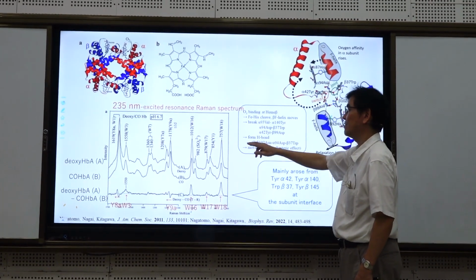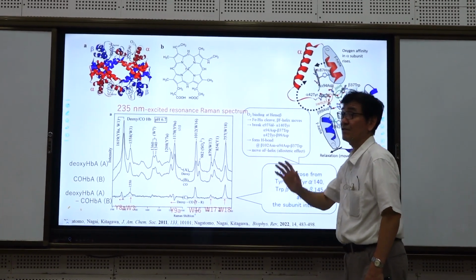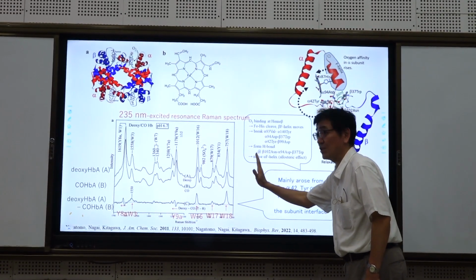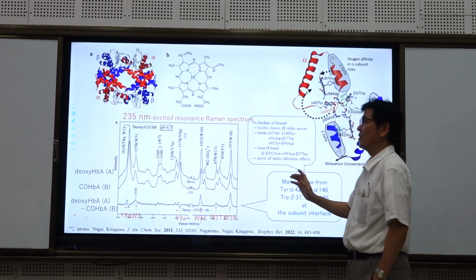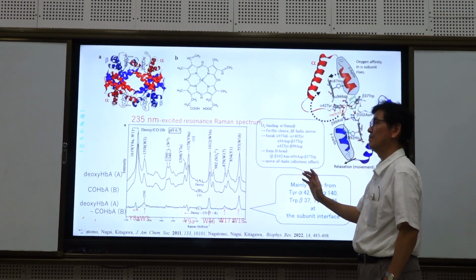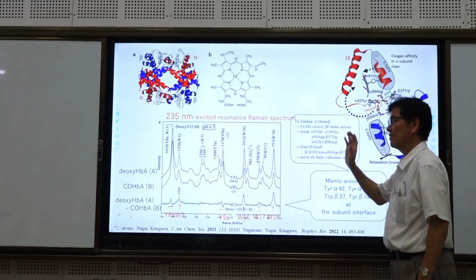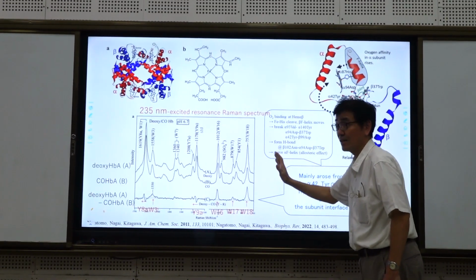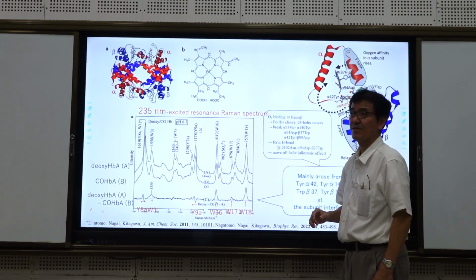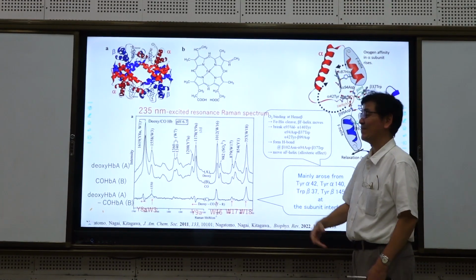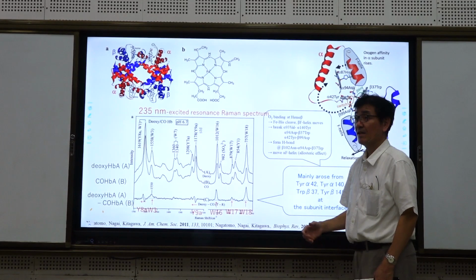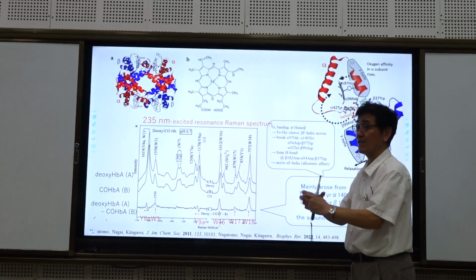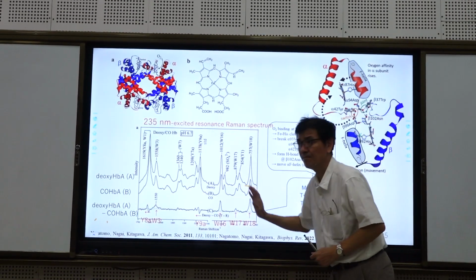Then, if some peak matches your interest, we tune the excitation wavelength to that position. Sometimes it's easy to choose the excitation wavelength if it's commercially available. Not easy, but we can purchase. If not available, we need to convert the wavelength with a crystal or something.